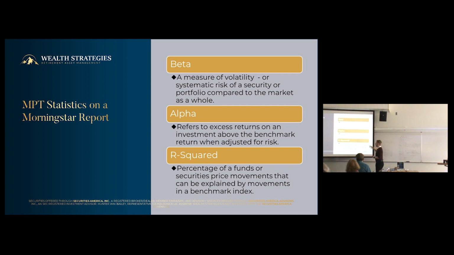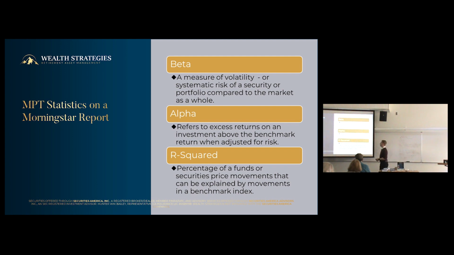So R squared, again, is something where we can estimate how much of the movements can be explained by the benchmark that we're comparing to. So if you have a fund whose R squared is 100% and they charge a big giant fee, like 1% or something like that, you would look at that and go, well, if all the returns I'm getting are explained by the S&P, why am I not buying the S&P and paying like 1/10 of the price?